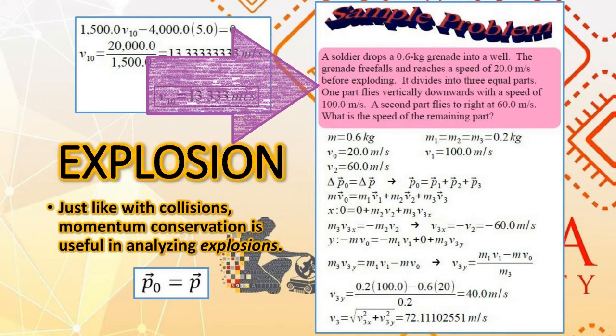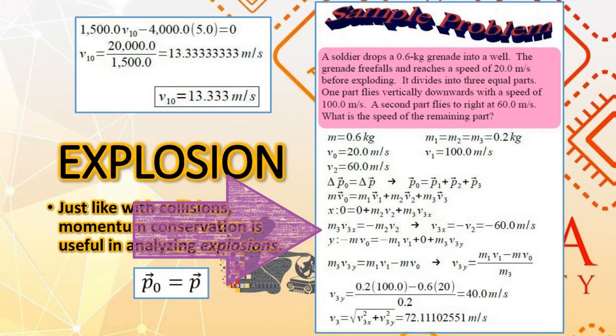So basically, this is an idealized grenade. We know that when something explodes, it basically breaks into hundreds of thousands of pieces, depending on the explosion. But this grenade only divides into three equal parts. Initially, there's only one object, the grenade, 0.6 kilograms in mass, so let that be mass M. M is equal to 0.6 kilograms.